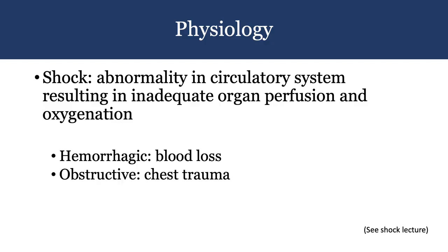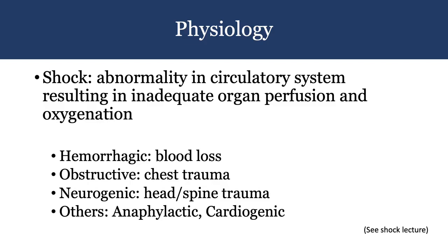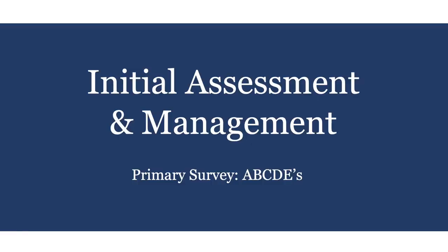There's also what they call obstructive shock, usually the case that we see in chest trauma when we have obstruction to cardiac activity. There is neurogenic shock that we see usually in head trauma, and more particularly in spinal trauma when we have spinal shock. And then we have other types of shock that could be anaphylactic or cardiogenic.